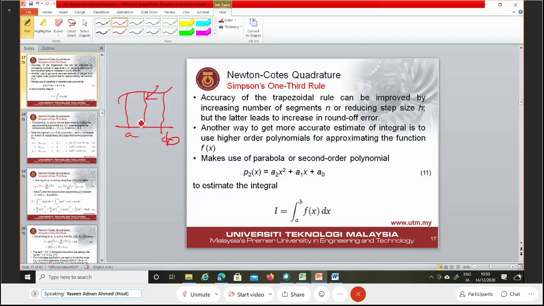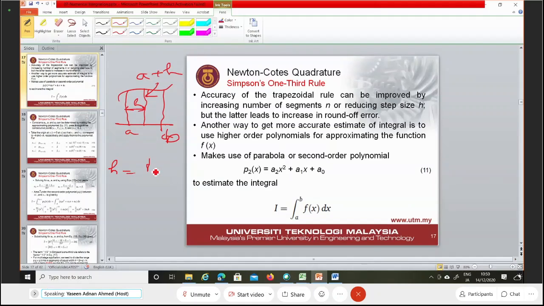So that will be your a plus h. This is h. And how do we consider h? h in this case is b minus a divided by 2, because your strip n is 2. Okay, so in this case, h is b minus a divided by 2.